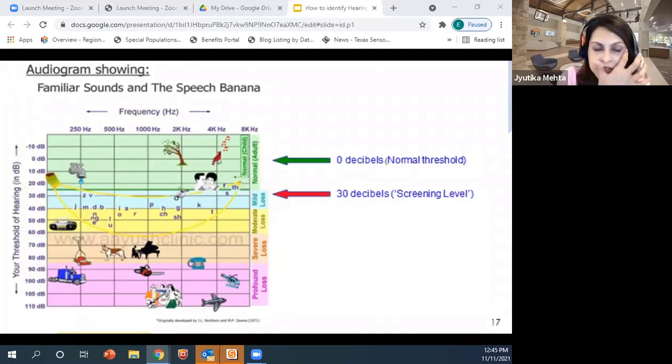It is color coded, and this goes in terms of decibel levels, the sounds that we can perceive, and what constitutes normal hearing and what constitutes severe to profound hearing loss. On the top, the frequency is from 250 to 8,000 hertz. That is the hearing range of most of the sounds that most of us can hear.